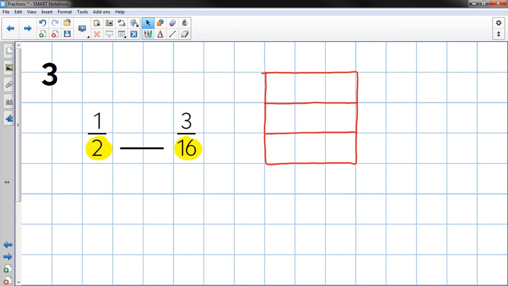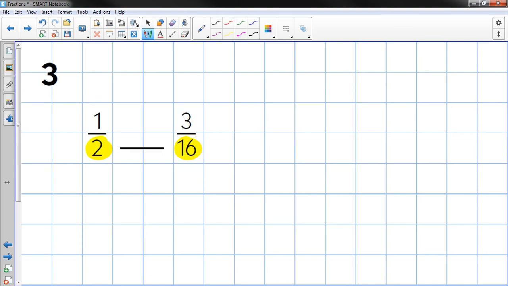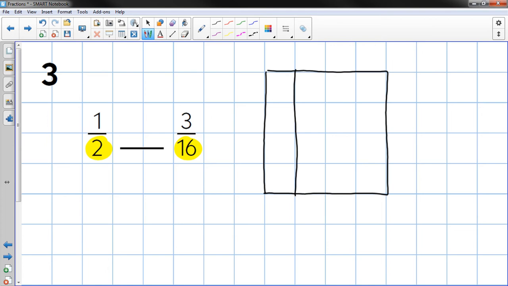Whoop, that's not a 4x4 square, it's a 3x3 square. Let's try that again. Glad you guys caught me on that. So a 4x4 square. There's a 4x4 square, I believe. And then 16 equal pieces.